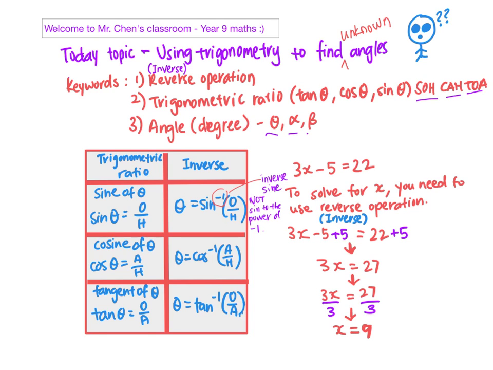However, what happens if the angle is not given is we can actually find the angle as long as there are two lengths provided to us.